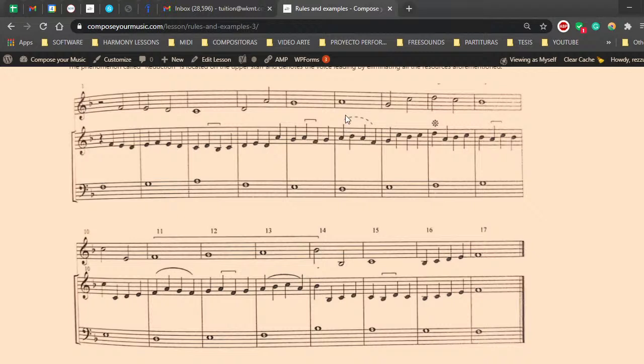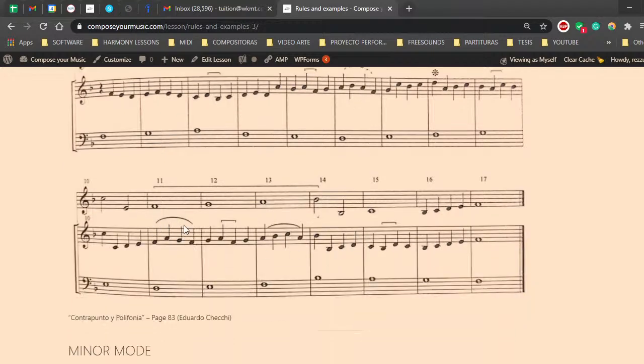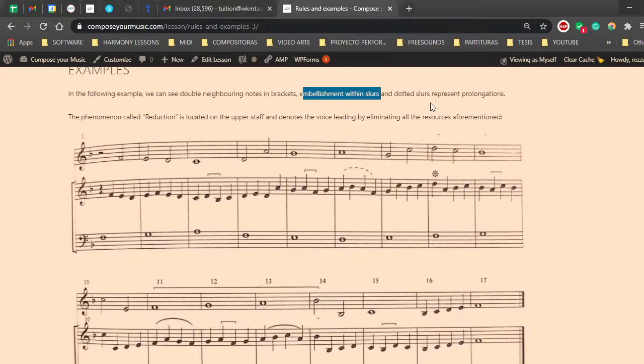Now, which was the dotted slur? Remember, you have neighboring, double neighboring, brackets, embellishments with slurs, and prolongations.